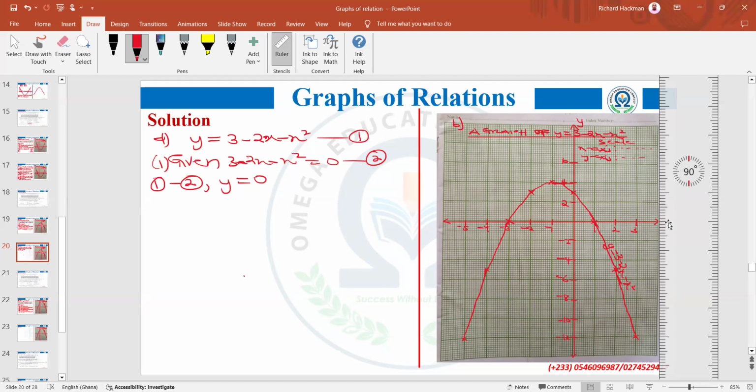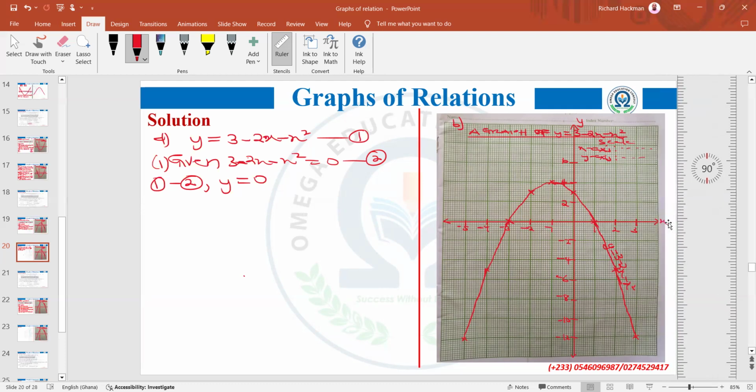So where the x-axis meets the curve, they will meet at these two points. And I've said you will use just the tip of your pencil to locate that point of intersection.